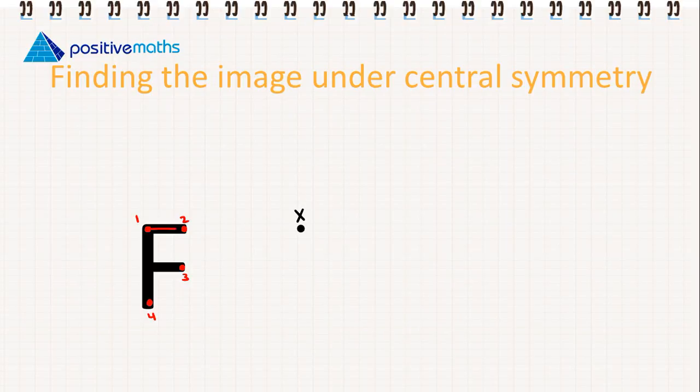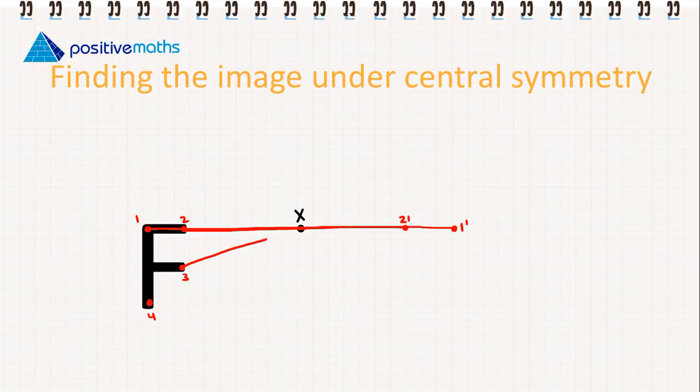If we start with number 1, it's going through X, and again the same distance the other side. I'm going to call this 1 dash. Now the same with 2, 2 dash.